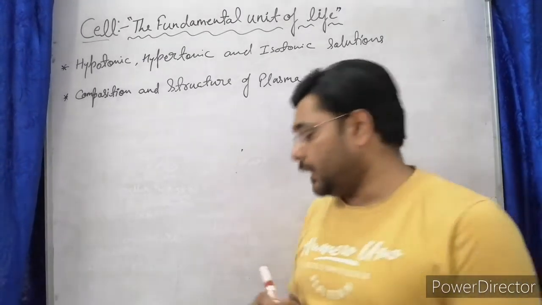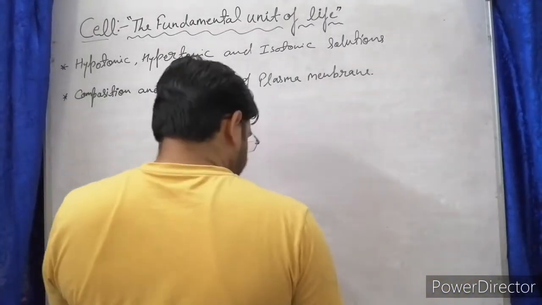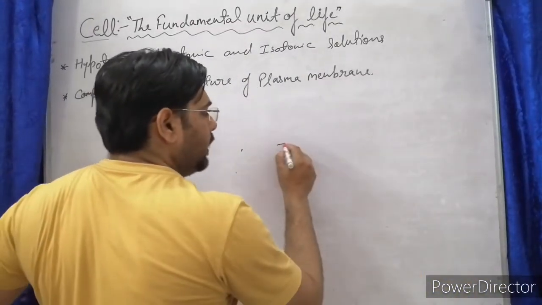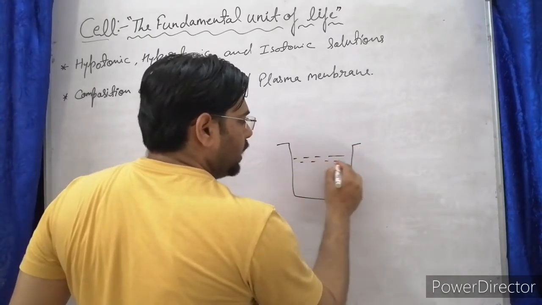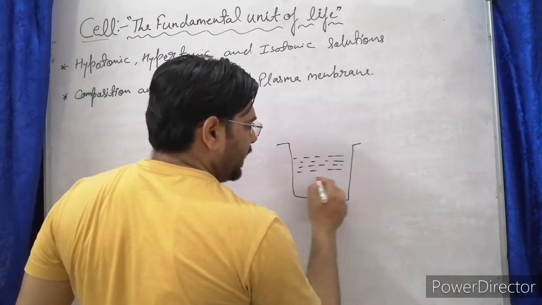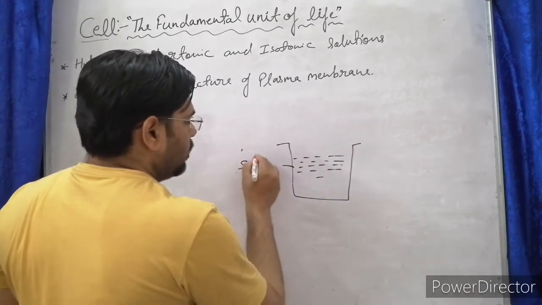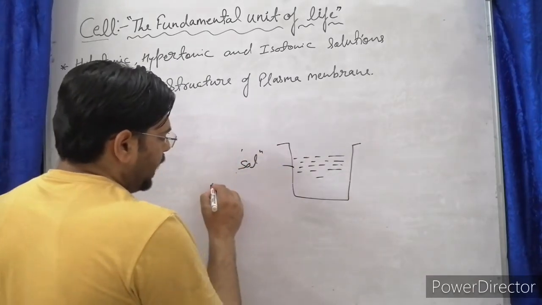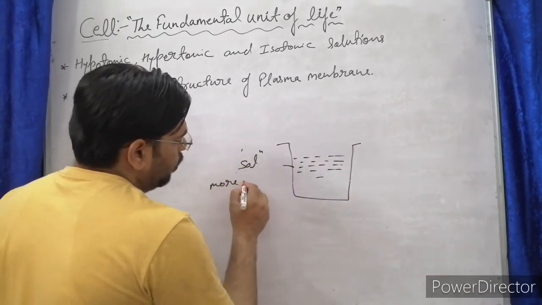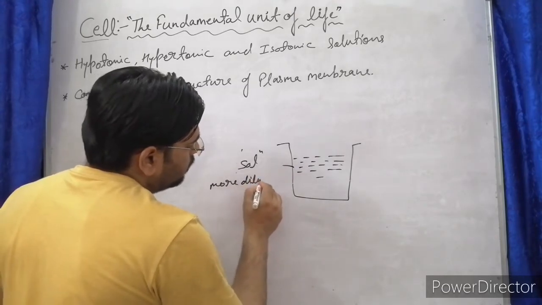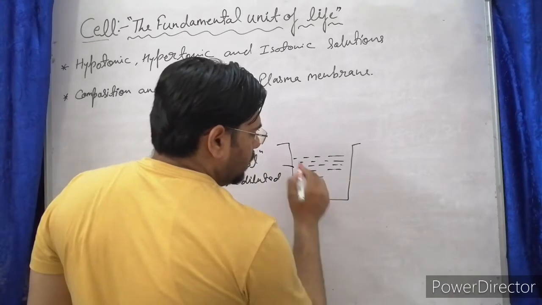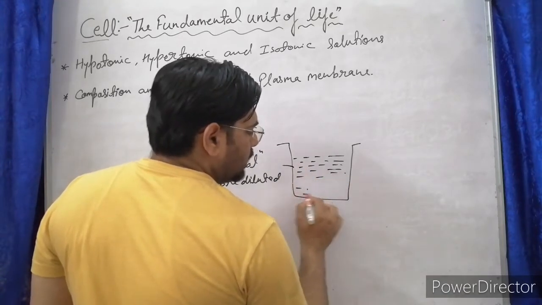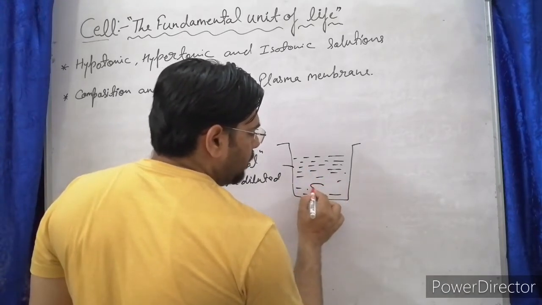Okay students, let us take an example. Suppose this is a beaker. In this beaker, take the solution. Suppose I have taken a solution which is more diluted as compared to the raisin. This is the solution I have taken, and I have put some raisins in it.